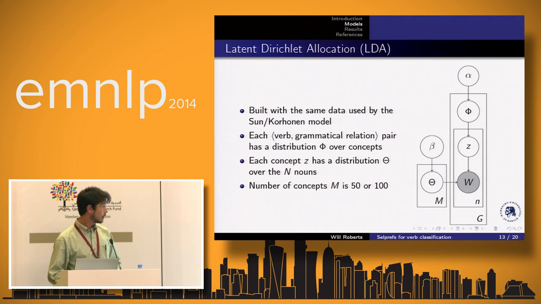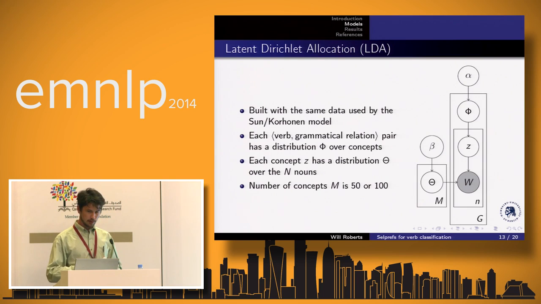Okay, last one. Last one is latent Dirichlet allocation. This is often used for topic modeling, except here, instead of modeling words in documents, we're going to model nouns in verb grammatical relation pairs. So we use the same data that we used to build the Sun-Korhonen model, and we feed it to an off-the-shelf tool called Mallet.